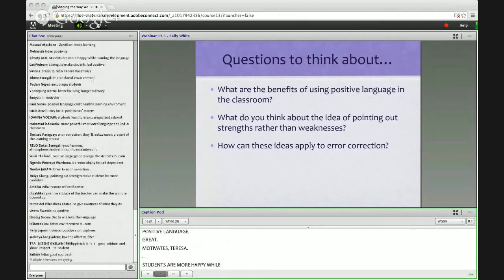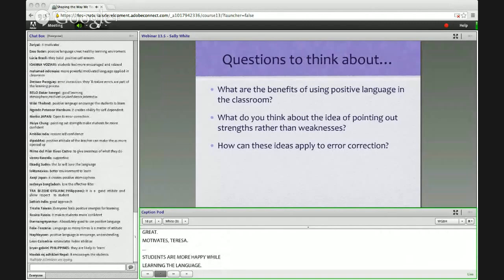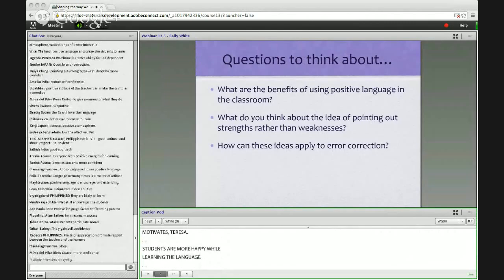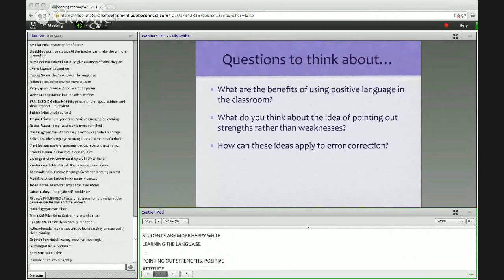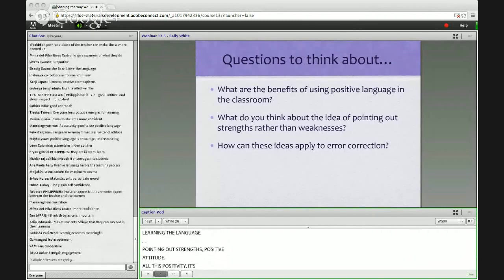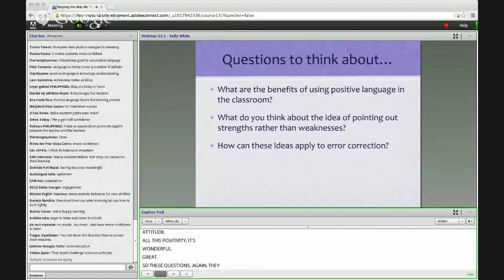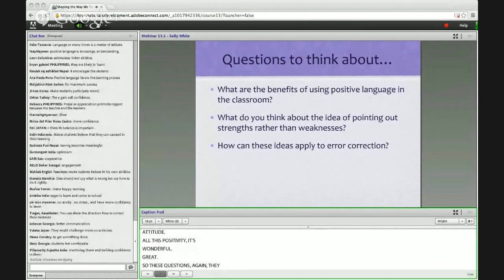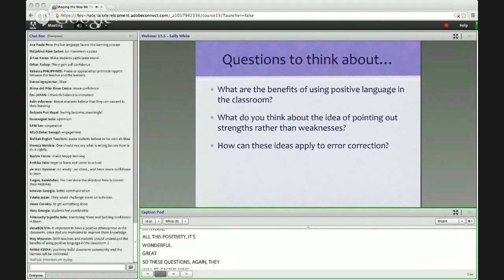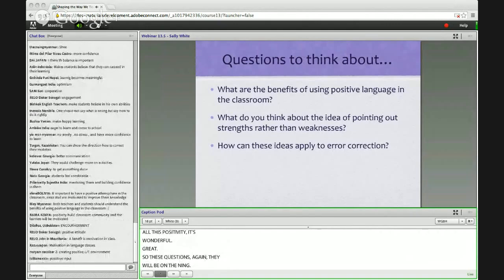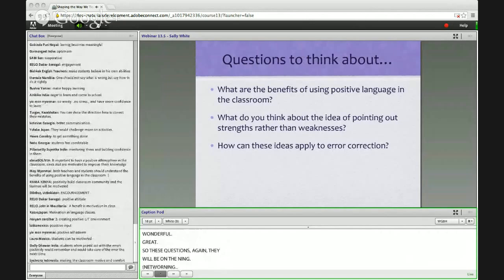Pointing out strength, positive attitude, all this positivity, it's wonderful. Great. So these questions, again, they'll be on the site. I encourage you really to talk with your colleagues, to think about them, to write if that's a good way for you to process. And again, keep your students in mind.